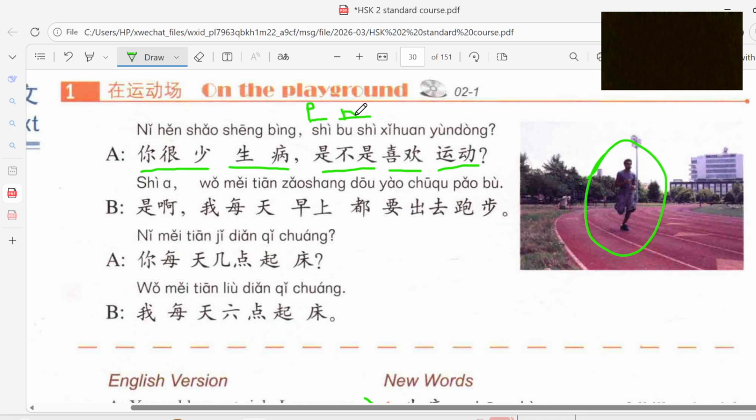So Chinese in their speech, they like using this statement many times. 是不是喜欢运动? The answer here is 是啊, 是啊, which means yes sure.